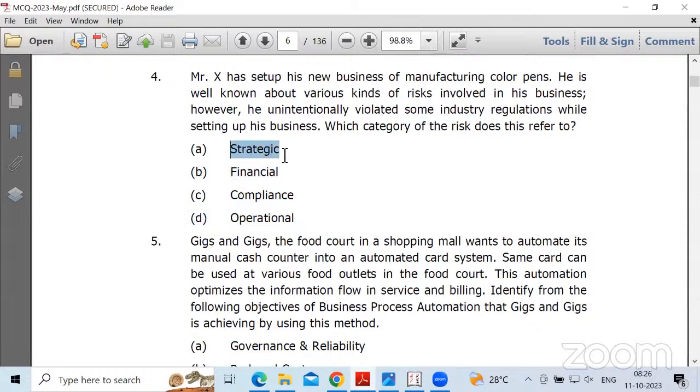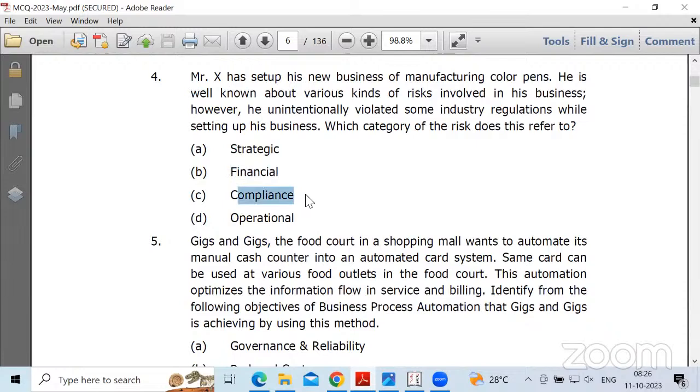So strategic is top level strategy decision making. When a problem occurs, that is a violation of the strategic management. Financial are related to financial activities. So purchase, sales, finance, investment, all these things are financial decisions. Compliance now.